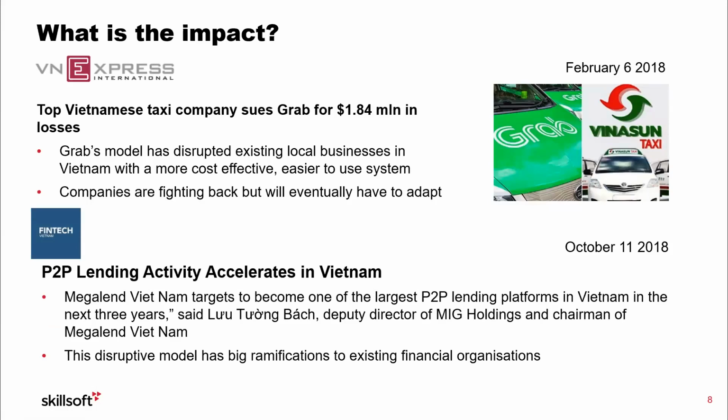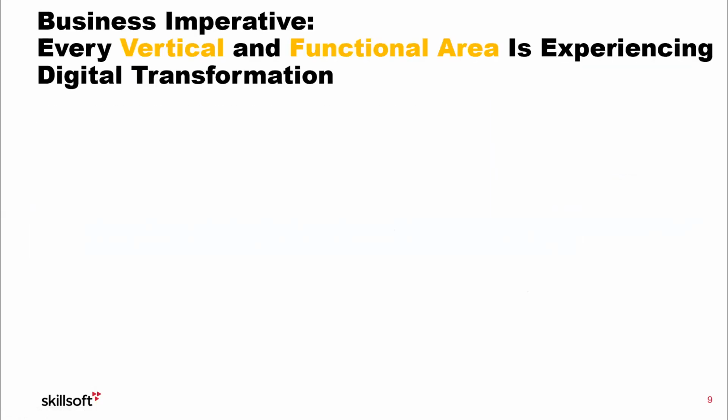If those individuals are going elsewhere for their financial services, ultimately those financial services will evolve and banks will be marginalized to just managing the big transactions. And clearly that is not what they want to do. So these are just a couple of local examples of the impact digital transformation is having.